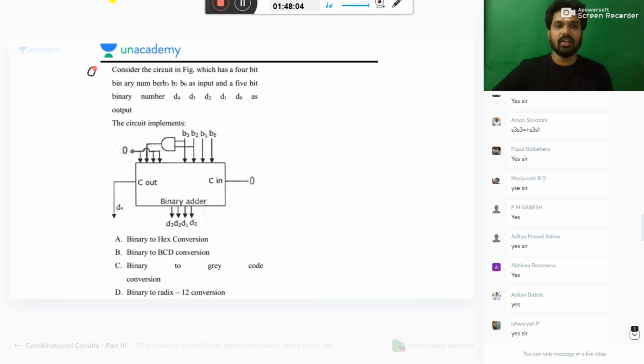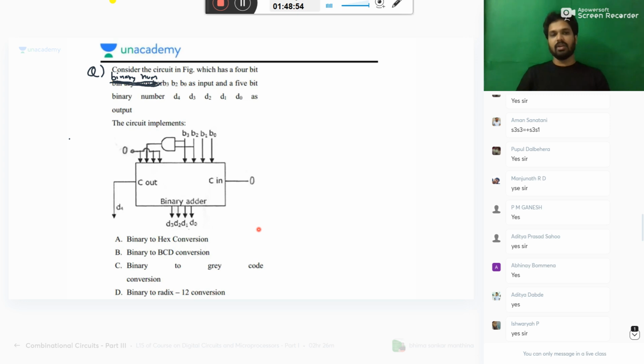I'll conduct the poll. Just give a reading of this. Consider the circuit shown in the figure, which has a 4-bit binary number B3, B2, B1, B0 as input, and a 5-bit binary number D4, D3, D2, D1, D0 as output.